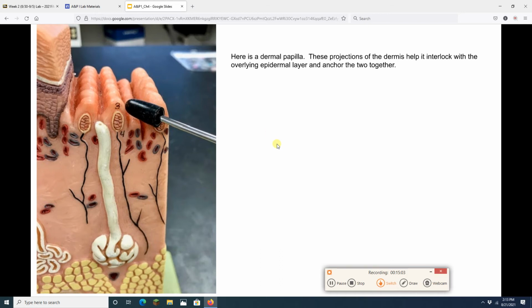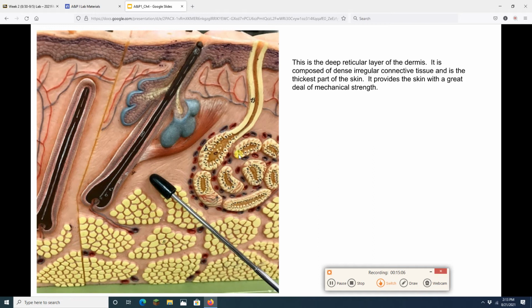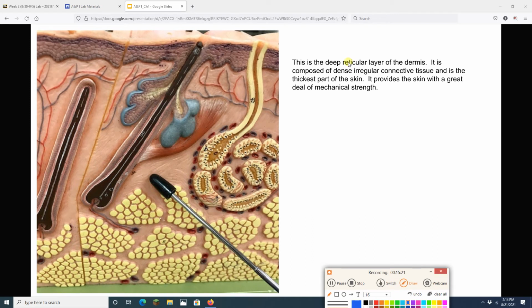All right, good stuff. Now we've gone down deeper into the bottom 80% or so of the dermis, and the lower 4/5 of the dermis is known as the reticular layer.